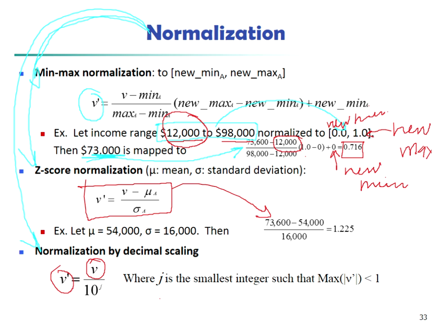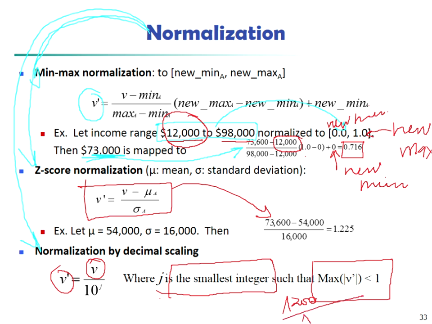Here, g must be the smallest integer such that the max of the new values is less than 1. Okay.